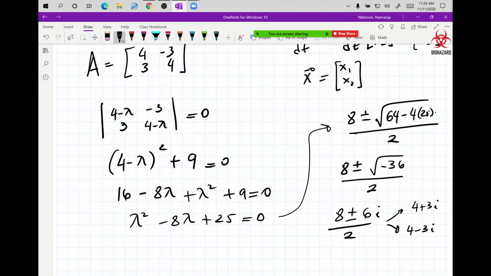minus 3i. Now, one advantage of having the complex roots is that you don't have to do 2 separate calculations, right? You just have the complex conjugate eigenvalue, and you're just using p and q, which are in this case 4 and 3, right?